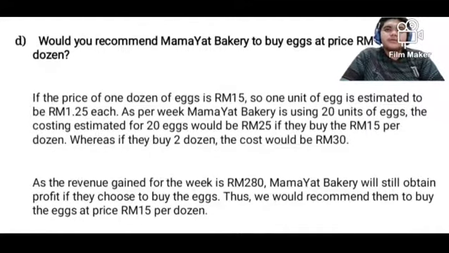Per week, Mamayat Bakery is using 20 units of eggs. The estimated cost for 20 eggs would be RM25 if they buy at 15 ringgit per dozen, whereas if they buy 2 dozen, the cost would be 30 ringgit.